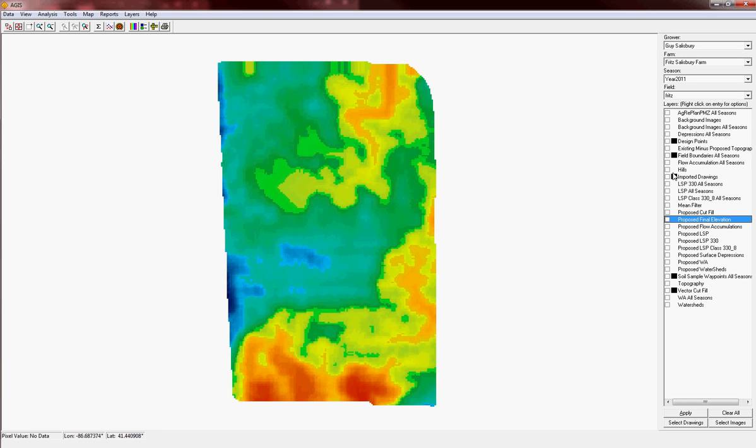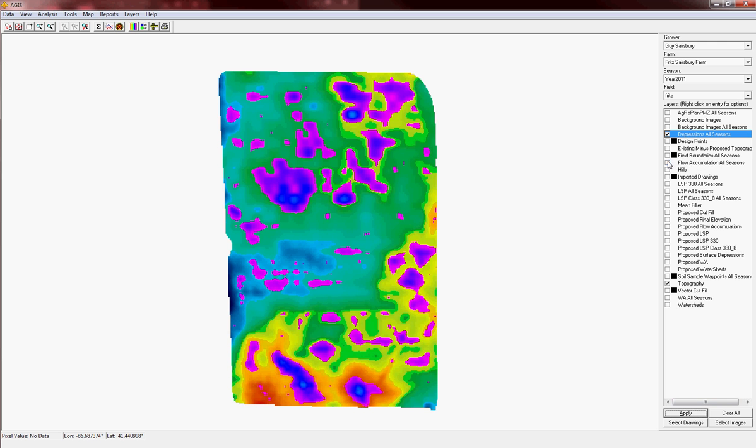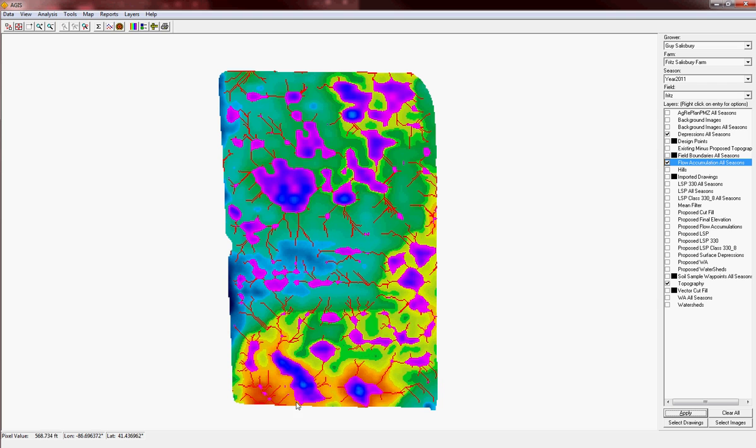Let's look at the topography existing and the depressions existing and the flow accumulation existing. So this is what you got right now. Okay, everywhere is purple is a depression, which I illustrated for you in the other exercise of showing the field drain.